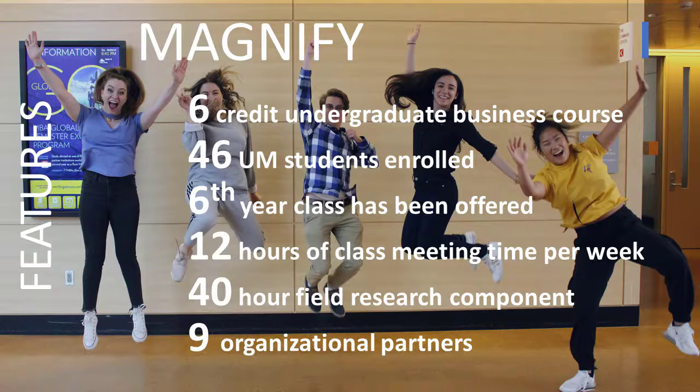This year we had 46 students enrolled. It's our largest cohort. And given the challenges we faced moving such an engaging program online, we were really thrilled with that number and thrilled that they stuck with us, and they really benefited from it.